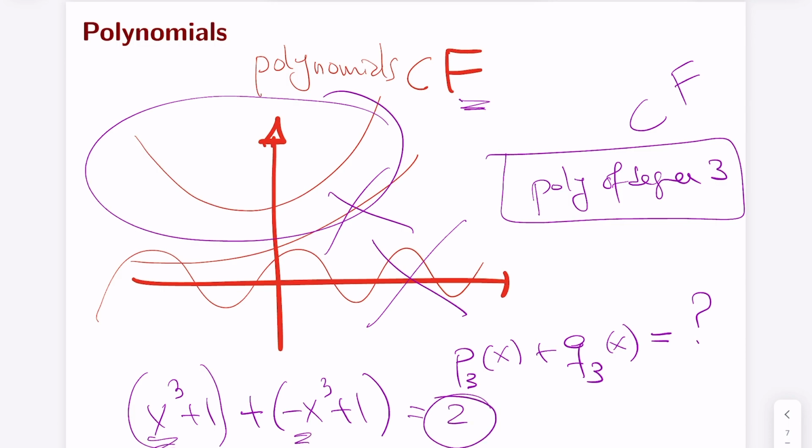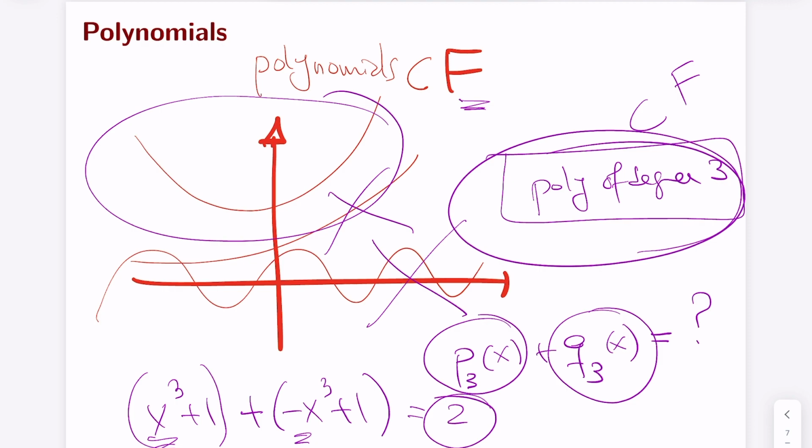So because of this, the degree went down, right? Because some terms cancel. So that means that if we add two polynomials that have exactly degree 3, the result is not going to be a polynomial in the same set. I mean, it's not going to be a polynomial of degree 3 necessarily. So that means that the set of polynomials that have exactly degree 3 is not a subspace.